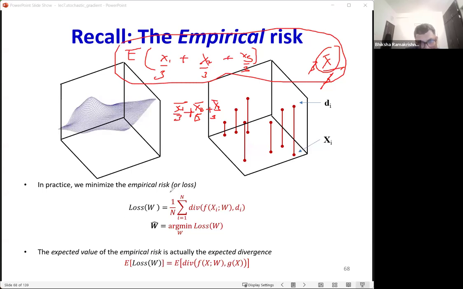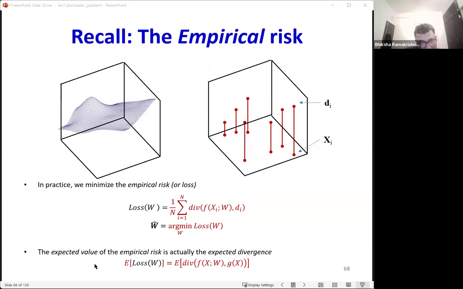Okay, so what this means is that if I take the statistical expectation of the guy on the right, that is going to be exactly the same as the statistical expectation of the guy on the left. Which means if I take lots and lots of different training sets and compute the average divergence over all of these training sets, and then compute the average of these averages, that is actually going to be the true divergence function, the true objective we want to minimize, which is this term.